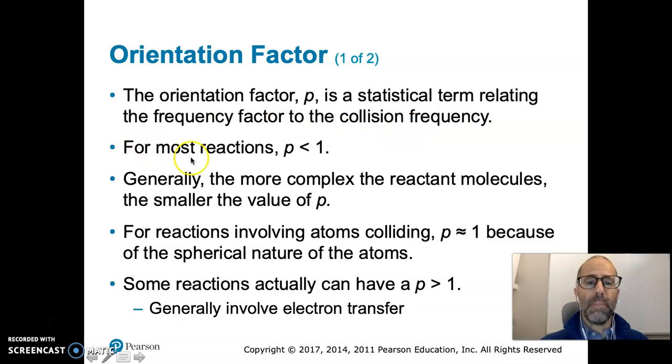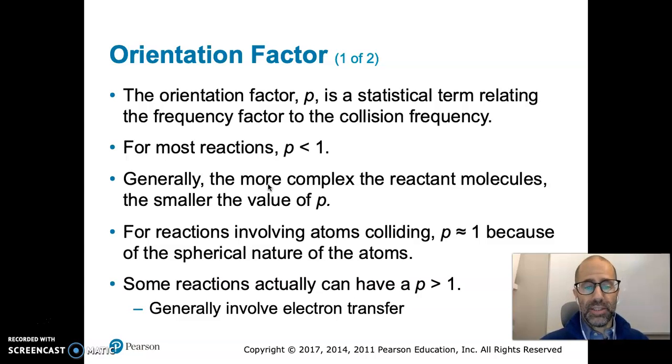Okay, so for most reactions, this p-value is less than 1. Generally, the more complex the reactant molecules, the smaller the value of p, which makes sense. If you have a really complex molecule, then you would expect that the likelihood of them colliding in such a way that leads to a reaction is going to be lower because they're so complex.